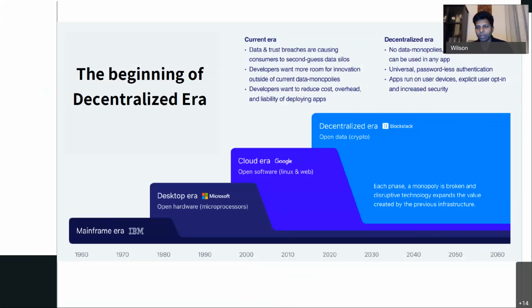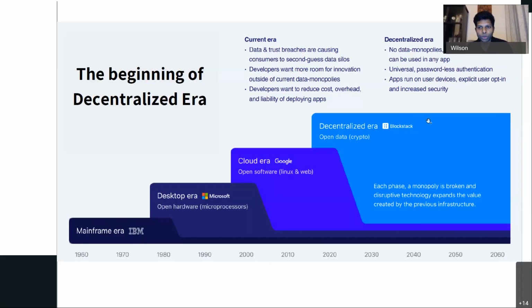So there are not going to be data monopolies. The end members, the people who interact with the internet, will own their identities as well as their data. There is not going to be an account anymore. There is not going to be a username, password, or auth. All of that is going to be of the past.